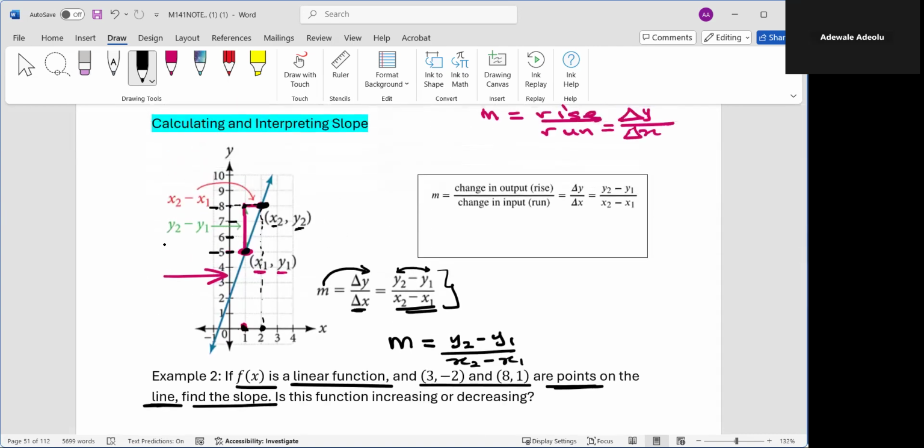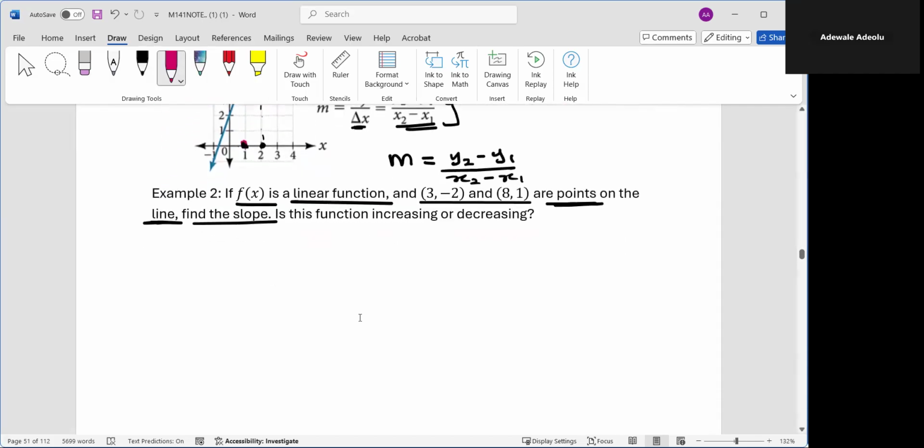Just like here, I have 2 points. Given 2 points, the slope of a linear function is this. So now look at this. We have 2 points, and we want to find the slope. Look at what I'm going to do now, guys.